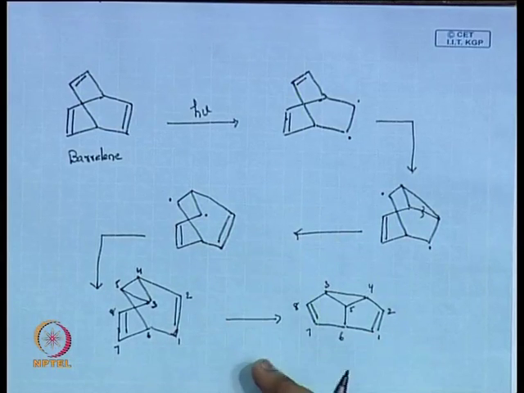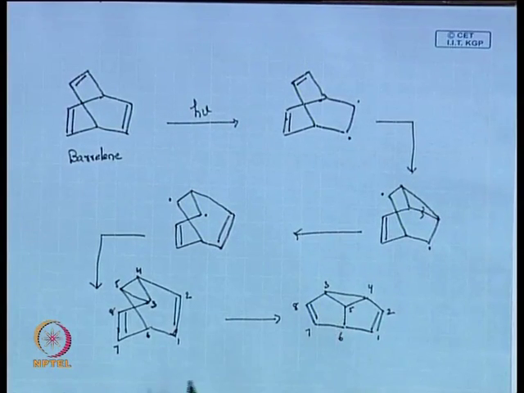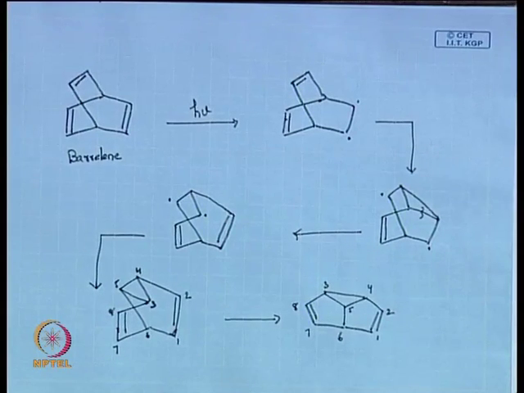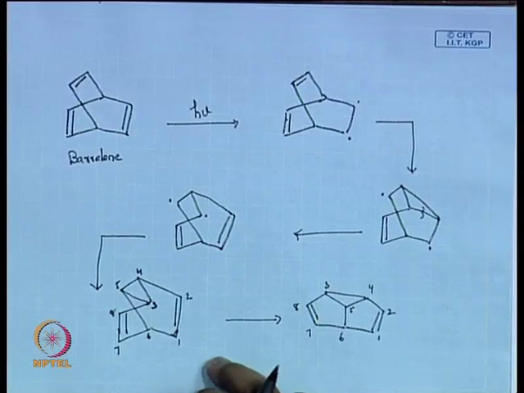This is a nice example for di-pi-methane. These examples were even asked in your previous CSIR, not the previous one, like 2 years before. Barrelene, di-pi-methane of your barrelene. Okay. The only thing is that you should think that it is a di-pi system.